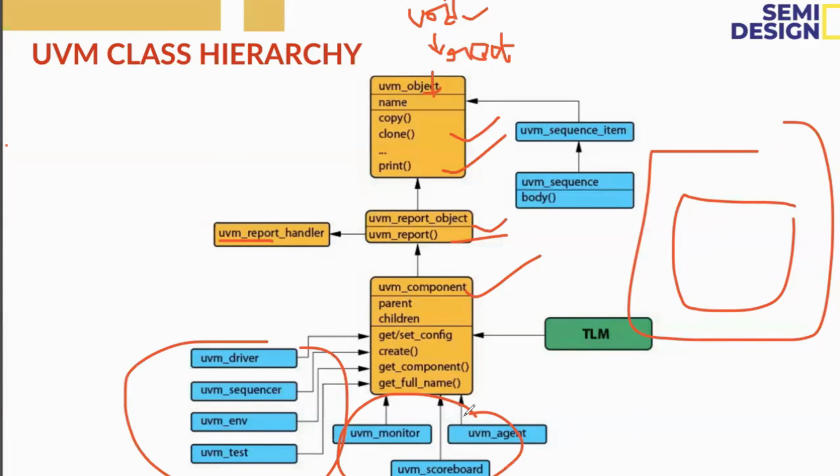So every child class can access the properties of the parent class. That means every component is a child of the report object and a grandchild of the UVM object, right? Is that correct? So every child class can access the properties of the parent class.